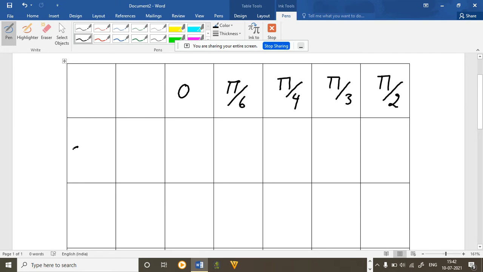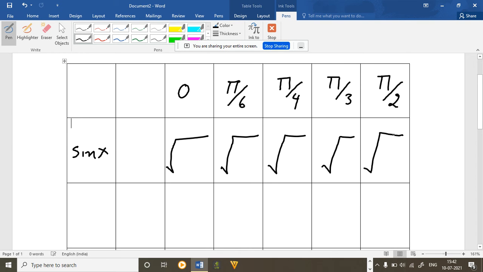So let me start with sin x. The way I'll start doing this is I'll put square roots everywhere. And as you can see, there are four intervals here. We are talking about four specific angles here, right? So let me put four here.